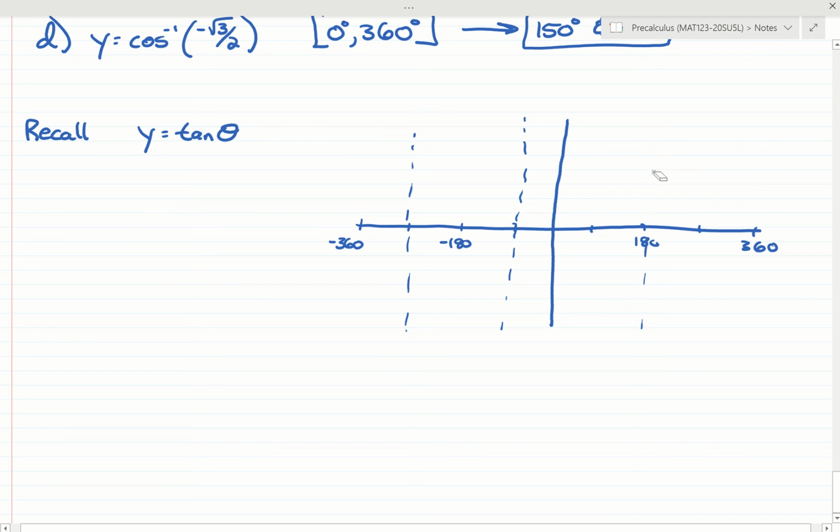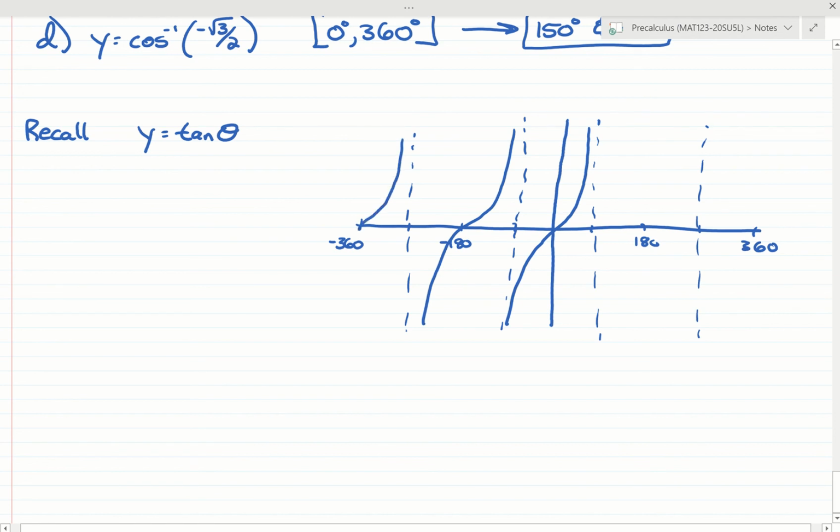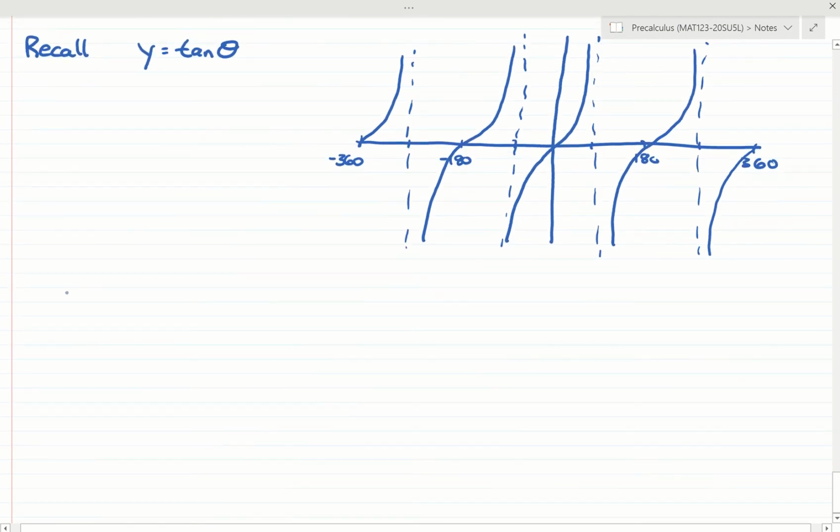Oops, this one should be at 90. And then remember, tangent had a cubic shape. So it looks something like this. That's what the graph of tangent would look like. Now if we're going to draw its inverse, theta is equal to the inverse tangent of y.